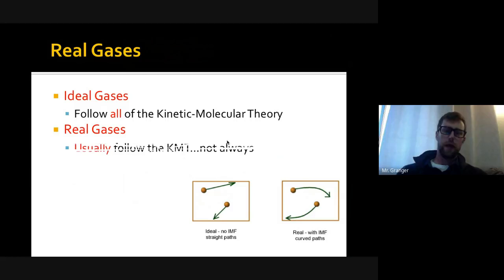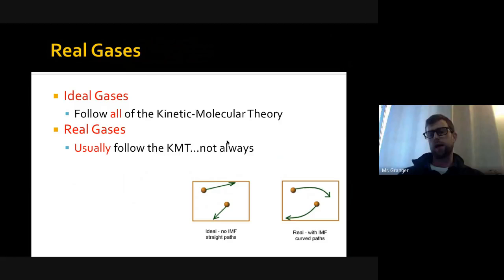So for real gases that are not under ideal conditions, we don't follow the kinetic molecular theory all the time. The ideal gas law follows the kinetic molecular theory and everything that it says. So, for example, if you look at the graphic below, the ideal gas with no intermolecular force travels in straight paths.